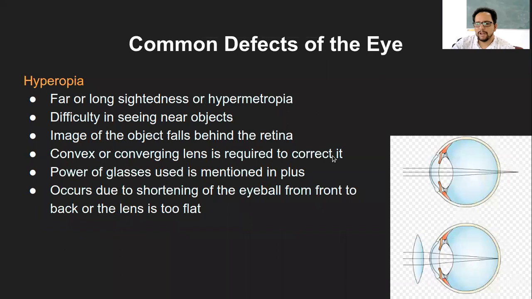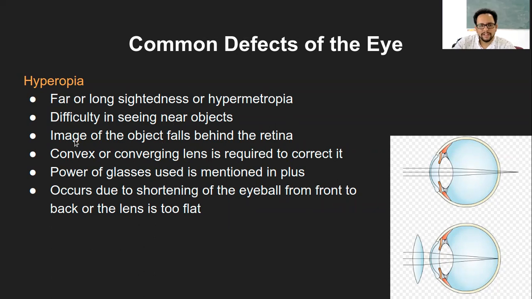So that is myopia. The exactly opposite situation is called hyperopia, or hypermetropia, which is far-sightedness or long-sightedness. In this, you can see objects at a distance perfectly, but you are not able to see near objects clearly.